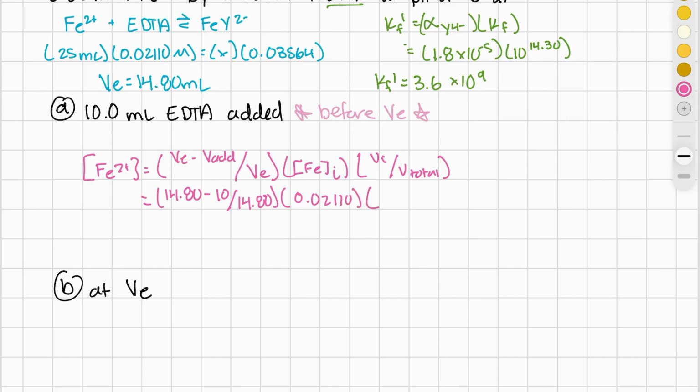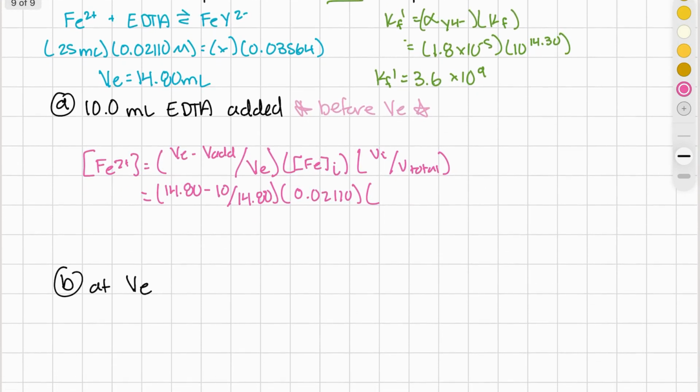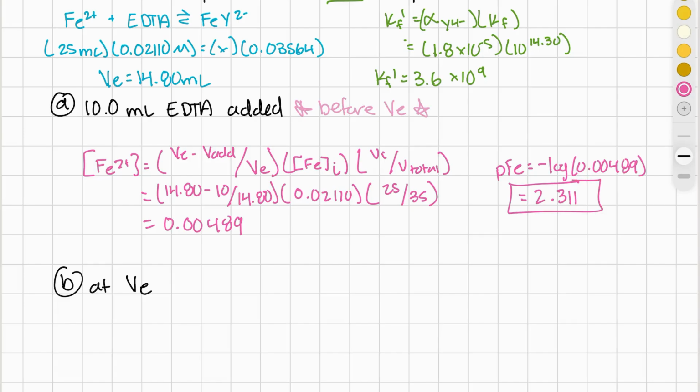And then our total, initially we had 25 and now we have 35. And this tells me that my iron concentration is 0.00489. So when I plug that into the negative log, the negative log of 0.00489 tells me that the pFe is 2.311. Okay, so what was important to note was that when we have excess, this is what we're going to be using.